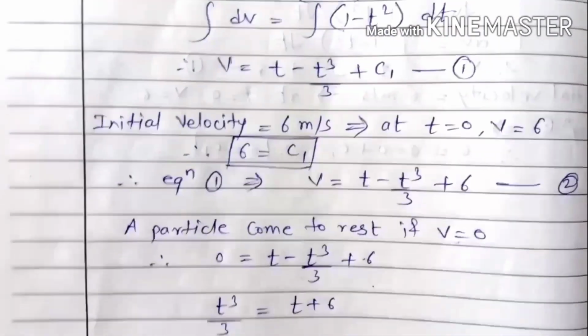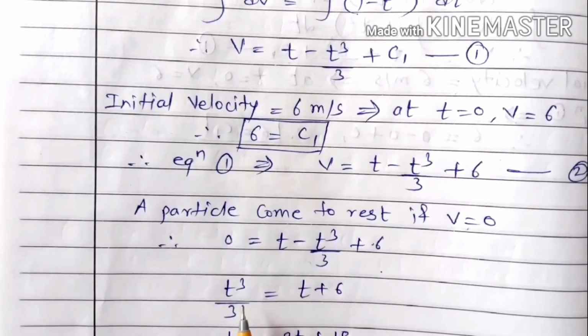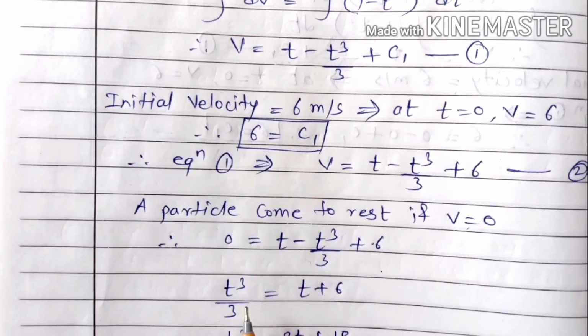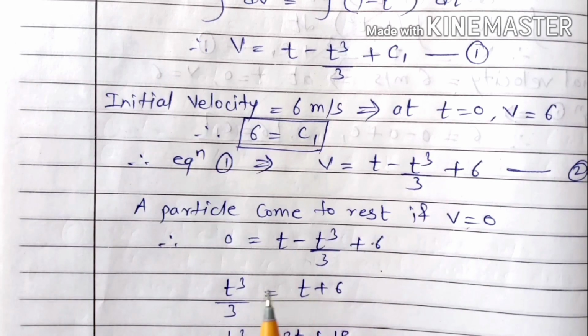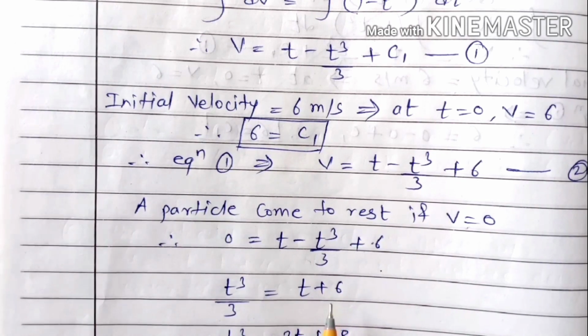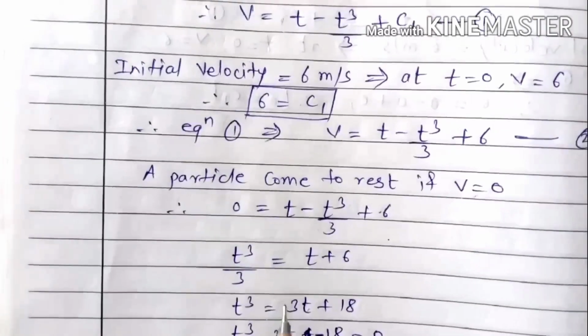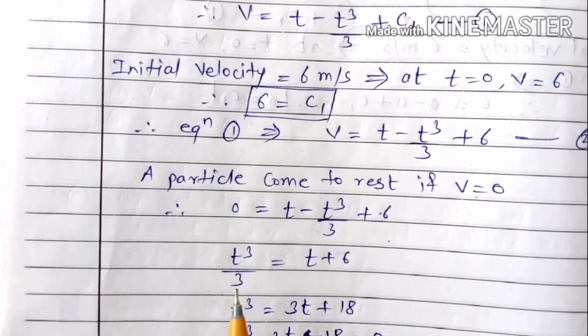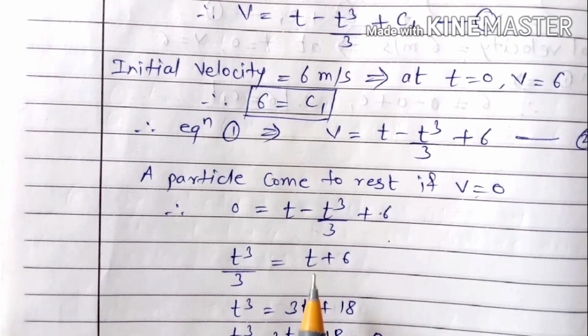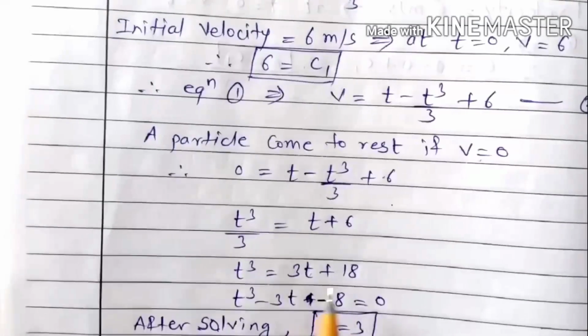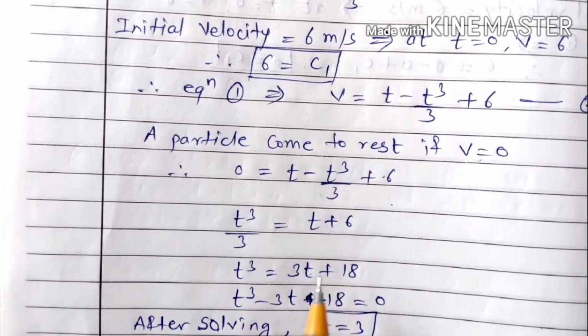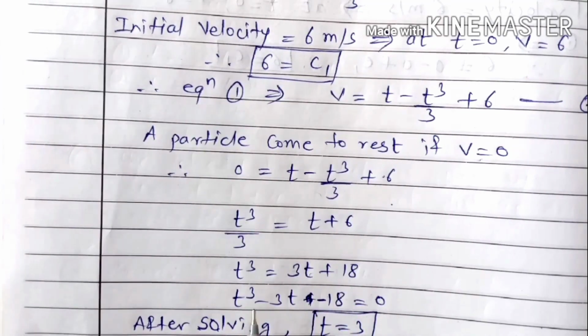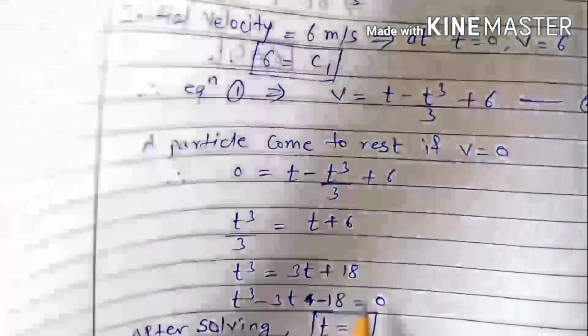We shift minus t cube by 3 to the left side, then it becomes t cube by 3 equal to t plus 6. Now we multiply 3 to the right side, then it becomes 3t plus 18, and this we shift to the left side. So the equation is t cube minus 3t minus 18 equal to 0.